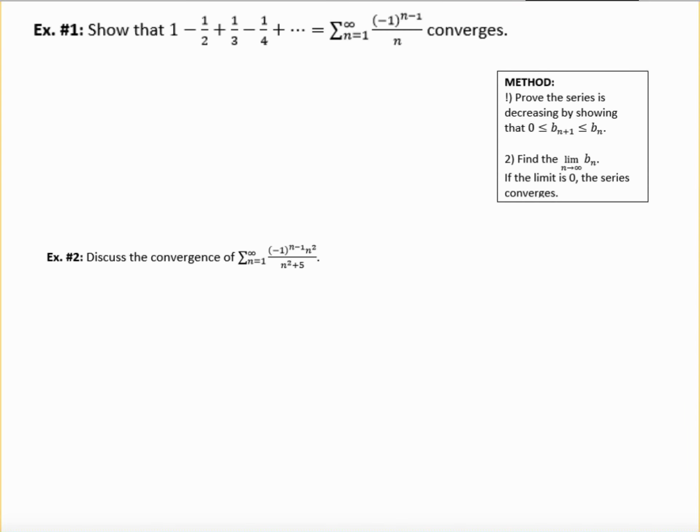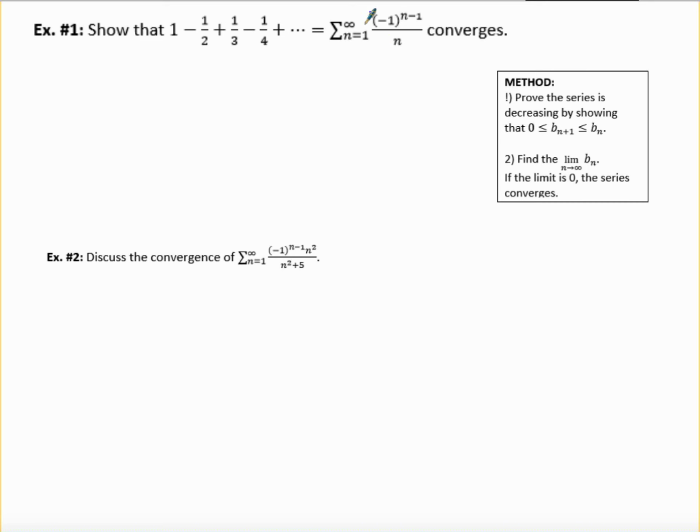So here we go. Example number 1. I've got this series, and I want to show that the sum to infinity of it converges. We're going to prove this first by showing that the series is decreasing.